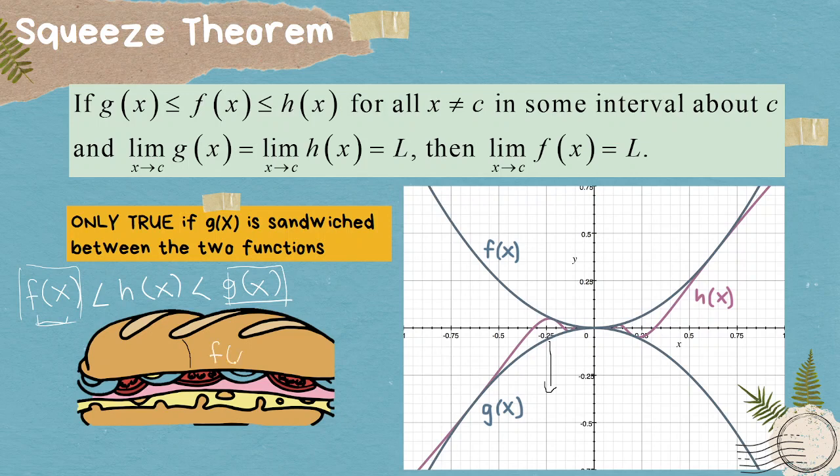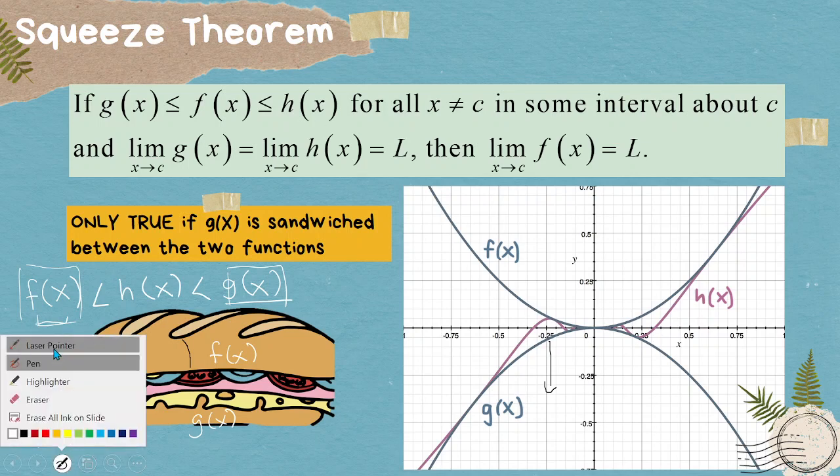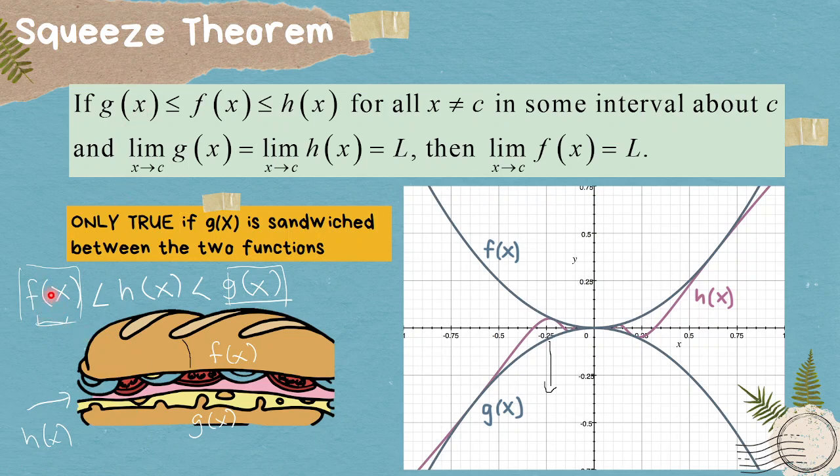Because f of x and g of x trap the other function, h of x. So based on this squeeze theorem, if the limit of the function from the left, which is this one, and the limit of the function g of x, which is this one, are equal, therefore the limit of h of x is equal to the limit of these three.